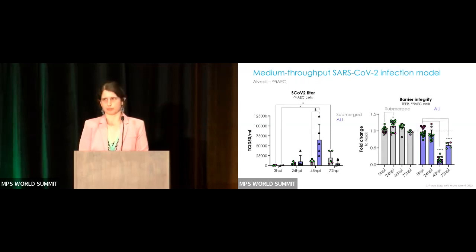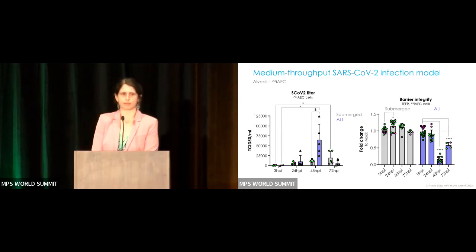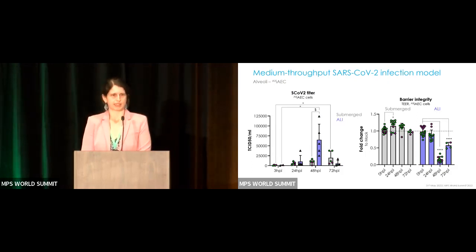Also when we looked at barrier integrity, in submerged culture the cells are still happy, they are still there, they do not care about the virus. Instead, in an air-liquid interface culture, we have a breakdown of the barrier at 48 hours that coincides with the high production of the virus. So this highlights the importance of an air-liquid interface culture.